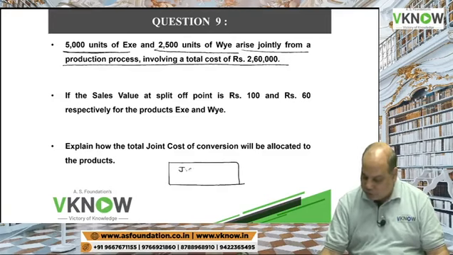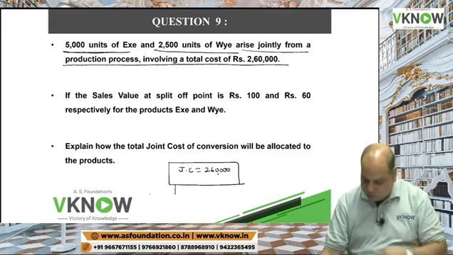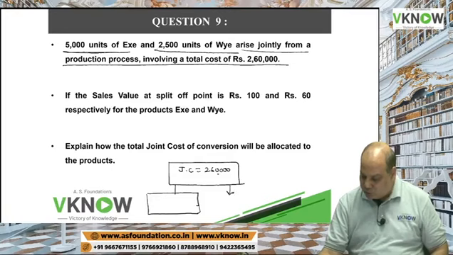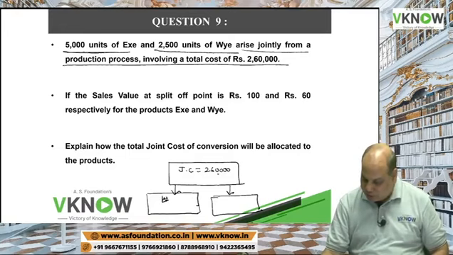So what is the joint cost? 2,60,000. And what you get out of it? You get two types of output. You get X, 5000 units, and you get Y, 2500 units. Sorry, X is 5000.